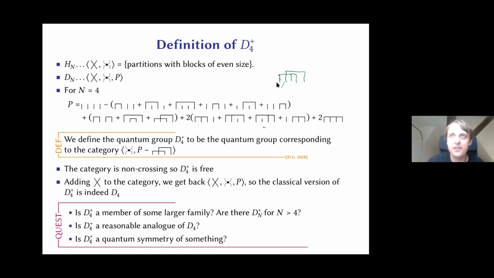Then if I did the same thing, I could not say that the classical version of the new quantum group is D5 or Dn, because it probably would not be like this. So that's the point. Yeah.